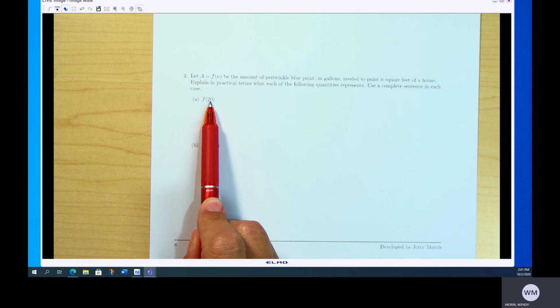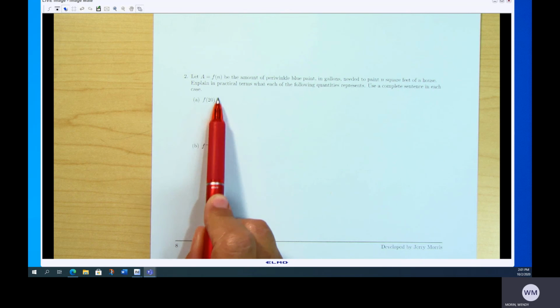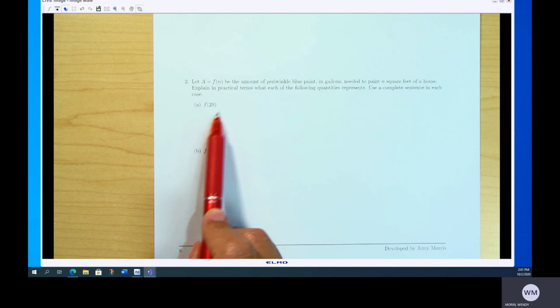This is saying that we have 20 square feet of house to paint. So what does this function notation represent? The amount of what?